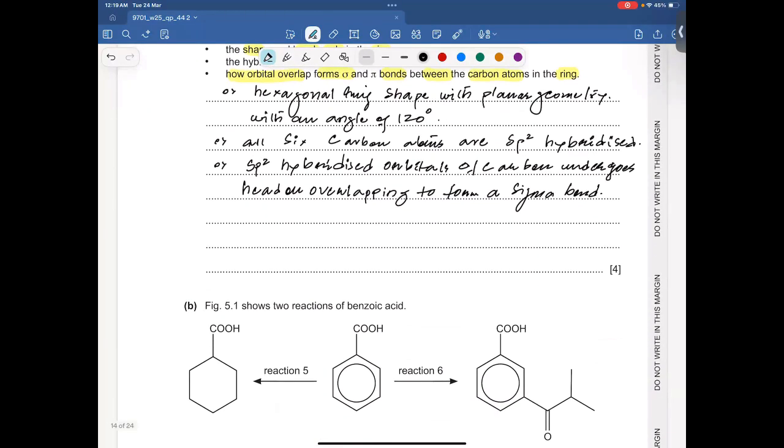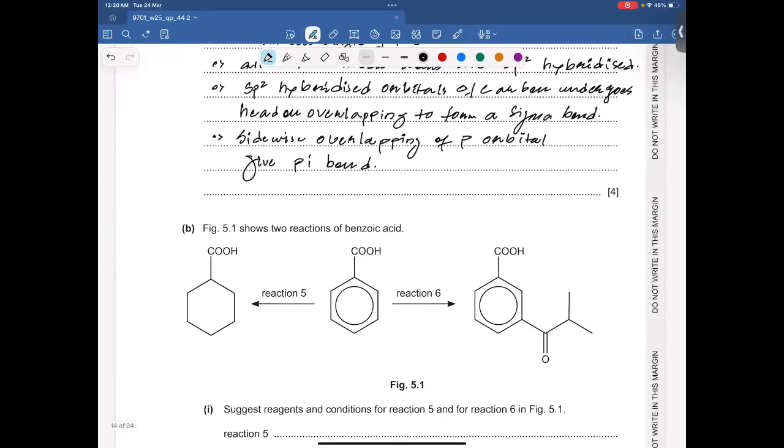Next, sidewise overlapping, also called lateral overlapping, of p orbital gives pi bond. Okay.